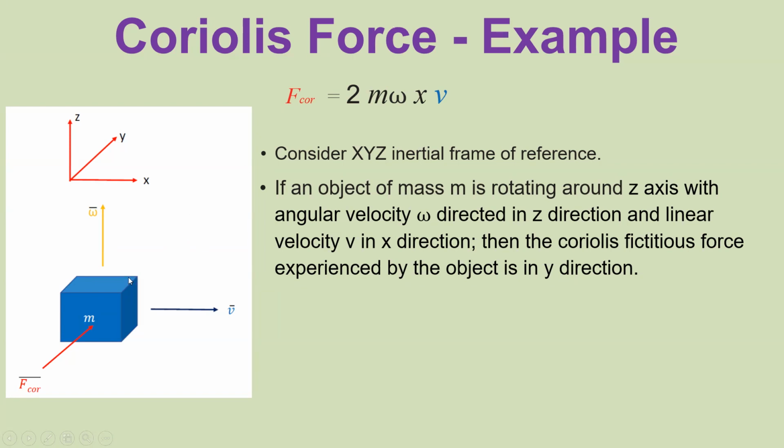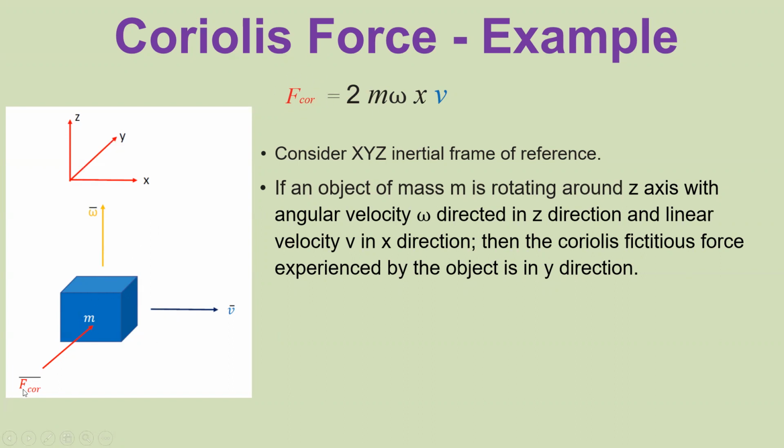the resultant will be into this plane, towards this plane. Towards this plane means in positive y direction. So this positive y direction indicates go inside this screen. So that direction is the direction of this Coriolis force.